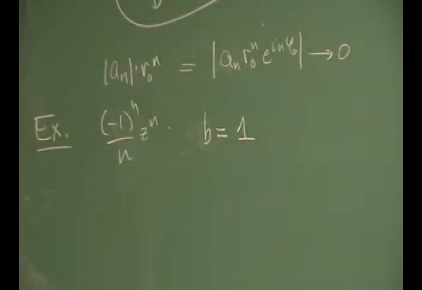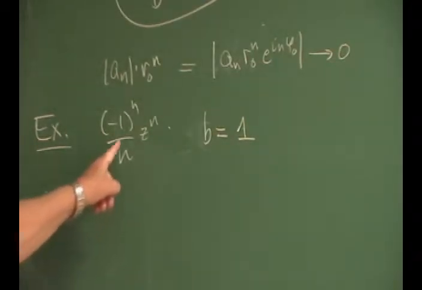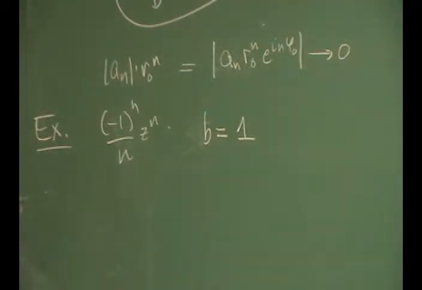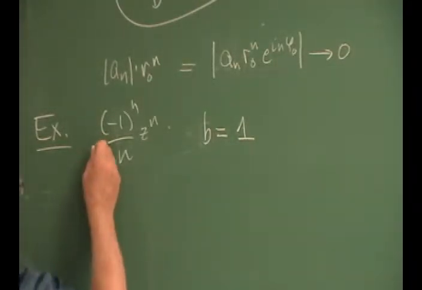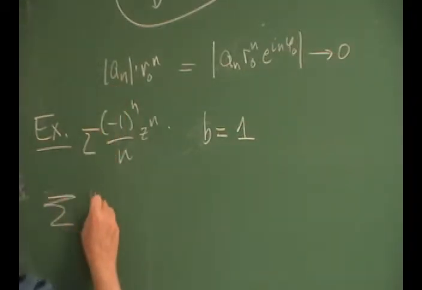I took a bad example. So it's alternating and so on. It converges at that point. So that would be an example where this thing converges. Everybody knows this alternating thing converges. But in fact, the sum of the absolute values does not converge.